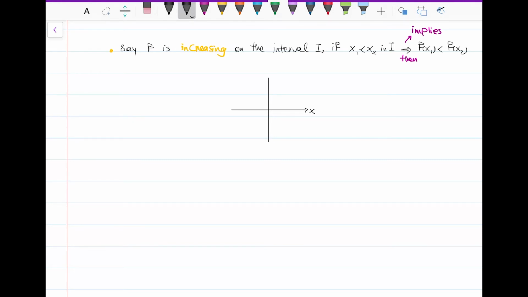As one good example, look at this function. This function is called square root of x. As you see, I picked 2 points, 1 and 2. 1 is less than 2 in the interval from 0 to positive infinity. f of 1 is 1. f of 2 is the square root of 2, 1.4.